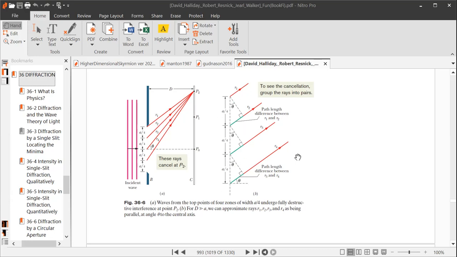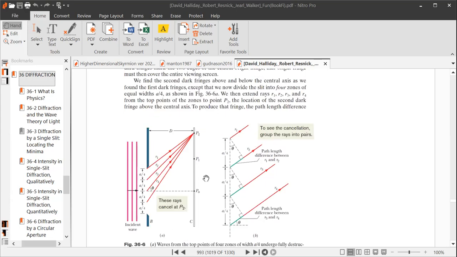We assume that the distance of the screen is very large compared to the width of the slit, and also the distance between the central maxima and the first maxima is very, very large compared to the width of the slit.